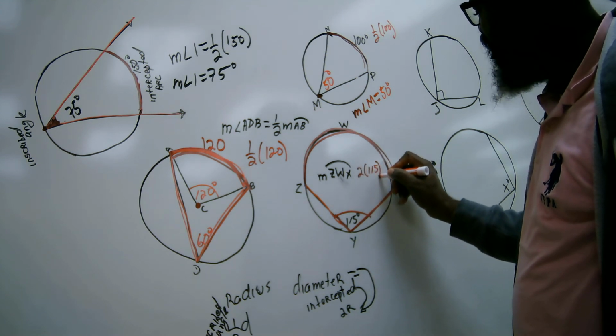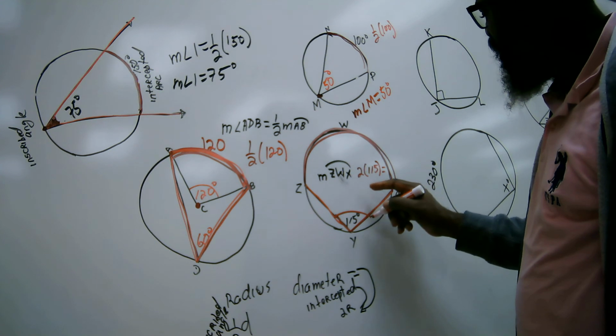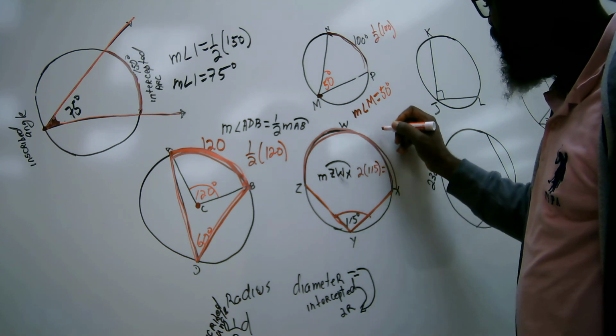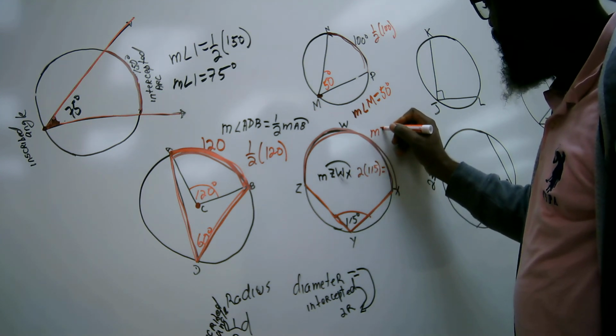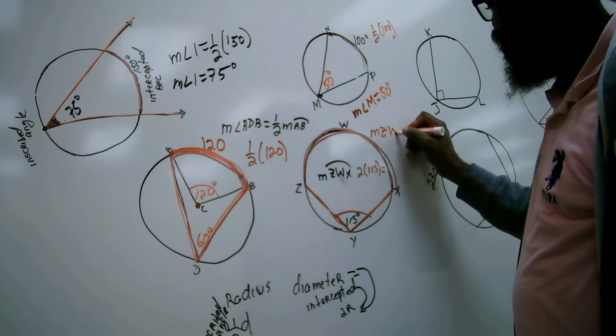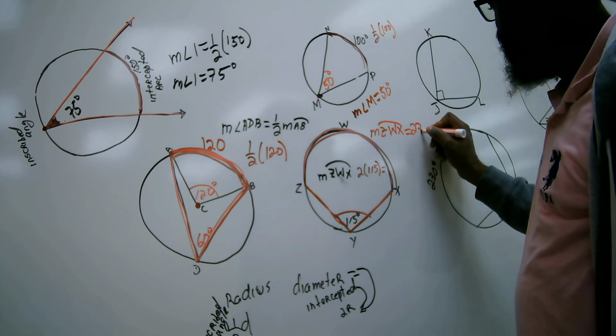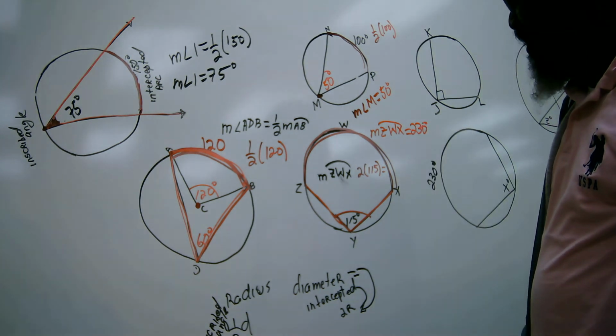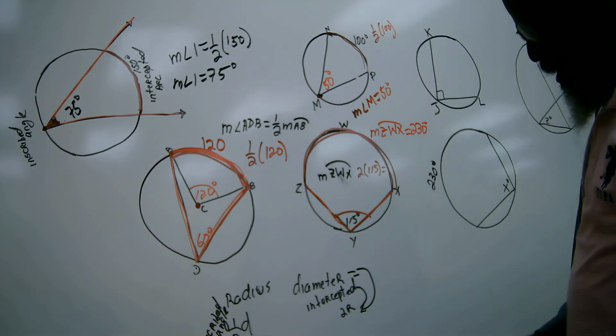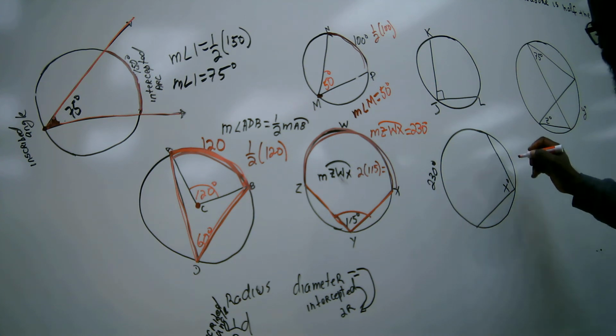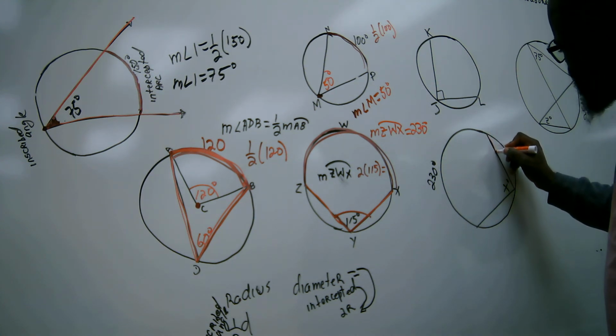The last time I checked, 2 times 115 is 230. So the arc ZWX will be 230 degrees. Then you're done. This is very simple. Here, this is my inscribed angle. My inscribed angle is X.